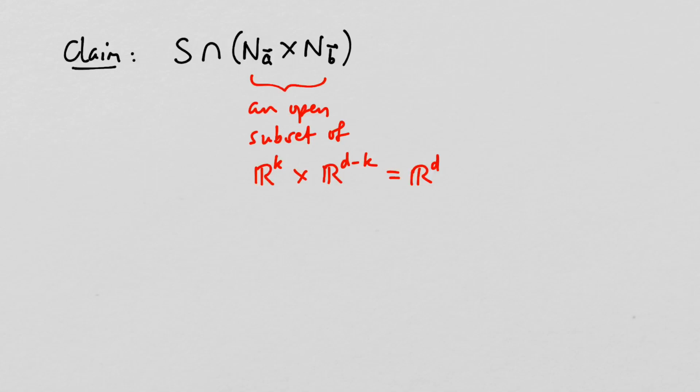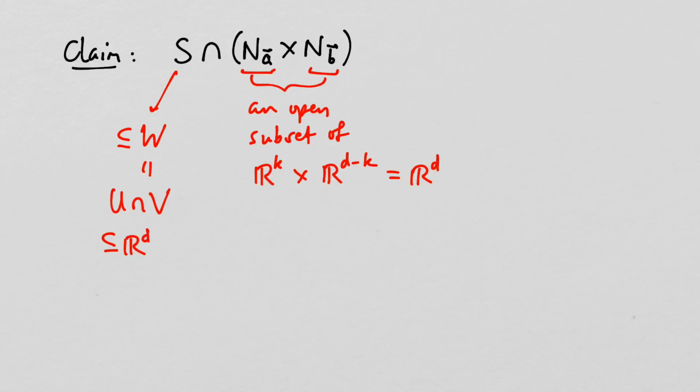So each of these neighborhoods is open in its respective space, so the Cartesian product is some open subset of D space. And remember, S is sitting in D space as well. It's actually inside W, which is inside D space. So it's appropriate to take that intersection.